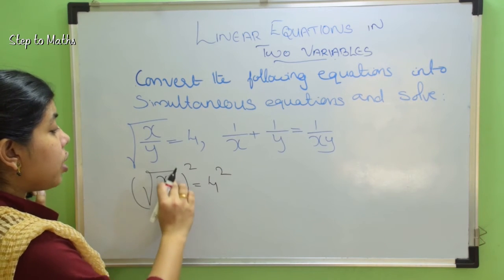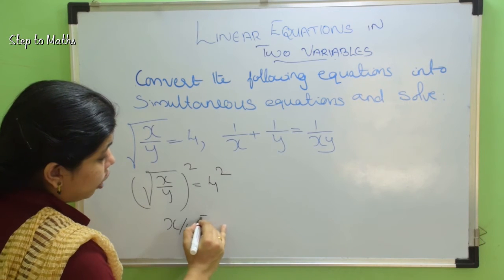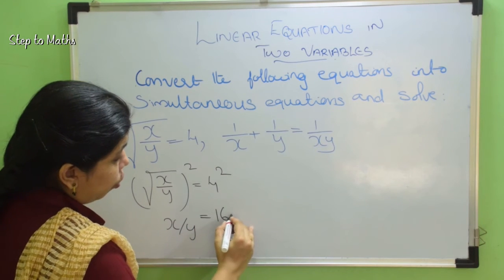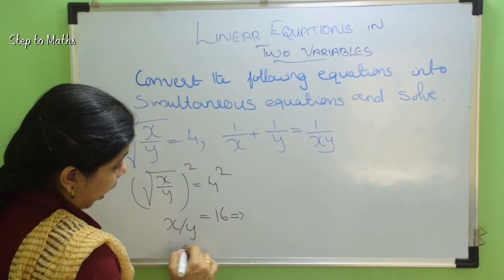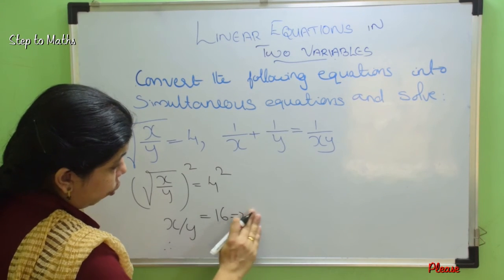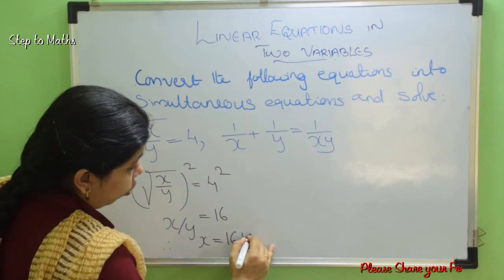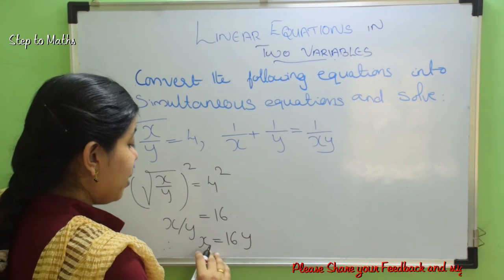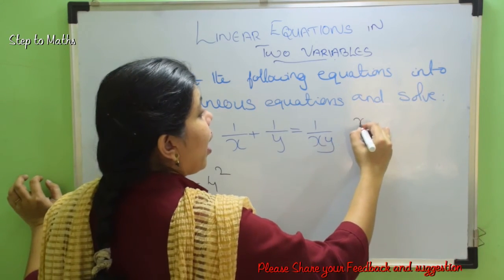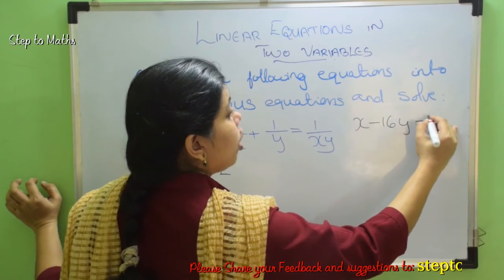Root of x upon y the whole square becomes x upon y equal to 16, therefore x is equal to 16y. We can write the first equation as x minus 16y equal to 0.